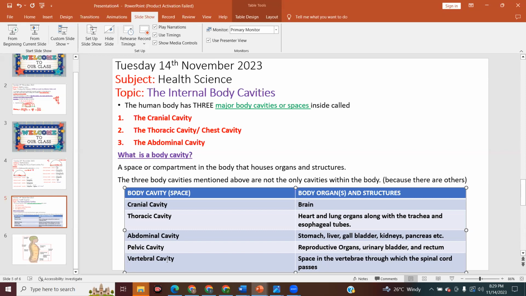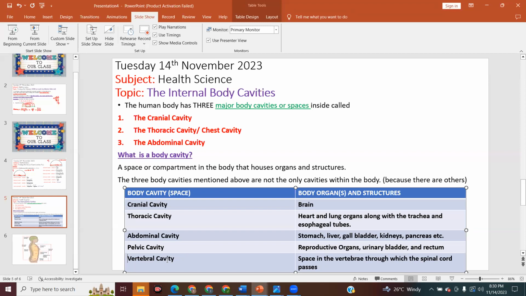Pelvic cavity, what's inside of that? Reproductive organs, urinary bladder, rectum. And the vertebral cavity, what's inside that? The spinal cord.